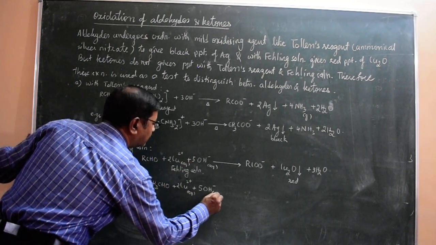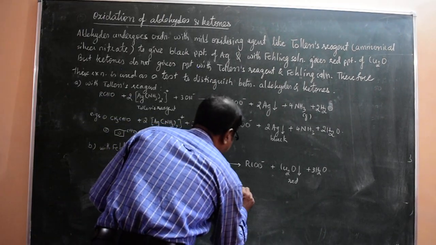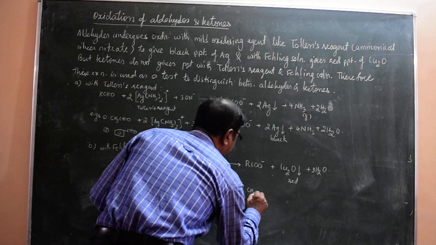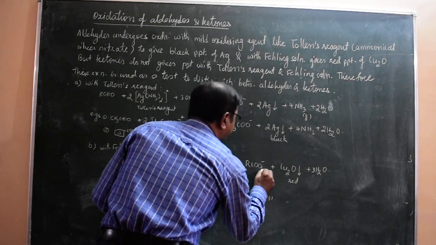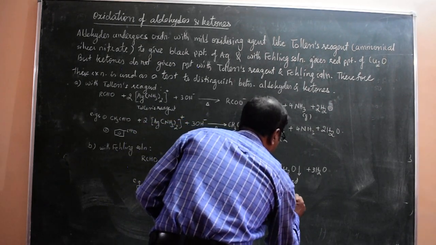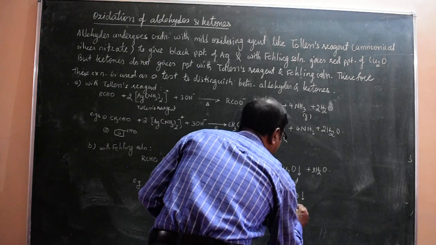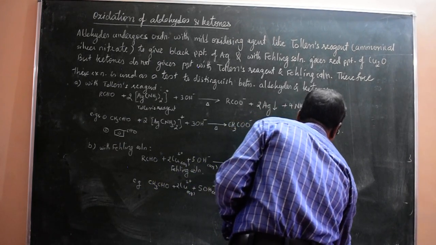It yields an aqueous solution. So the product is CH3COO- aqueous, plus Cu2O, which is a red color precipitate, plus 3H2O.